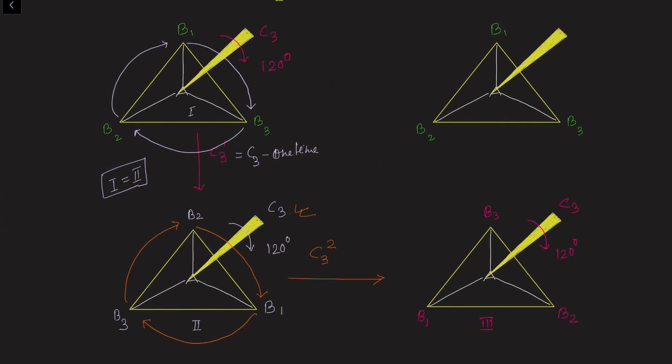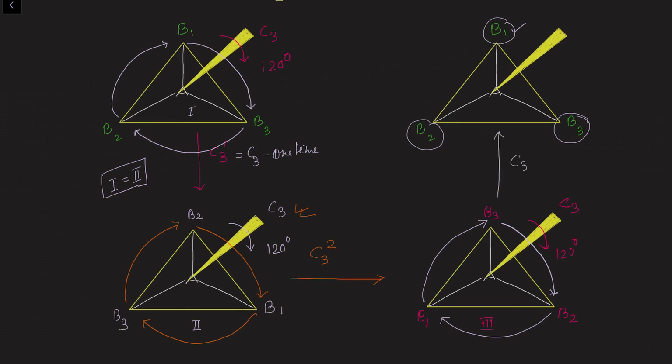When you perform this C3 operation the third time, B3 will interchange its position with B2, B2 will interchange its position with B1, and B1 will interchange its position with B3. These are the positions of all the B atoms. So this is the position of B1, this is the position of B2, this is the position of B3.